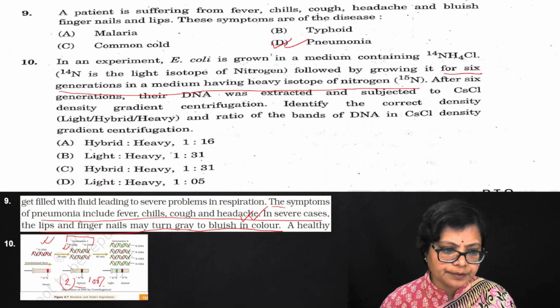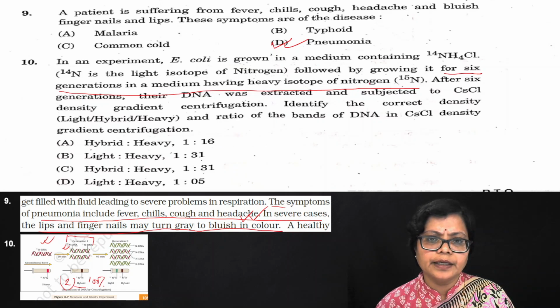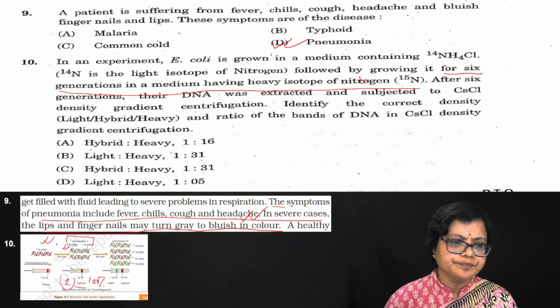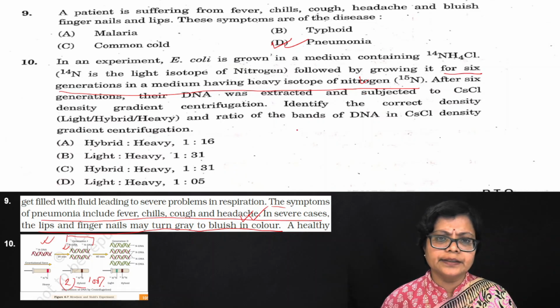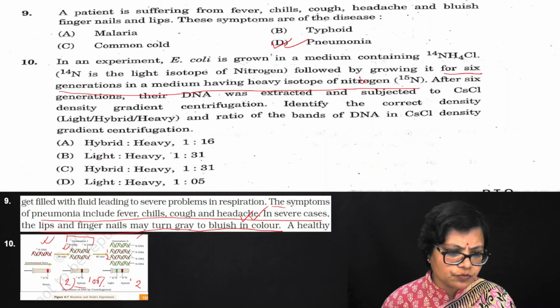In the book it is written that it was grown in N15. Here it is given opposite data, grown in medium of heavy isotope N15. First grown in N14 and then N15, and then this generation, generation 2, you see hybrid number 2, and these two are the light banded, that is the 1:1 ratio, that is 2:2, 1:1 ratio.